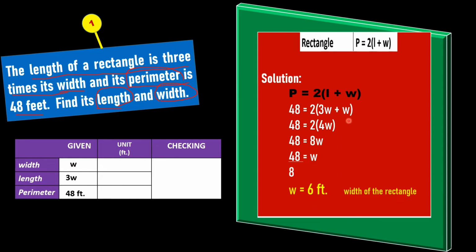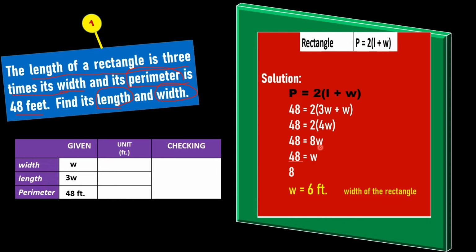So we can now solve this equation. So first, i-add muna natin tong nasa loob ng parenthesis. So 3W plus W is 4W. And then multiply 2 times 4W is 8W. So we have 48 is equals to 8W.